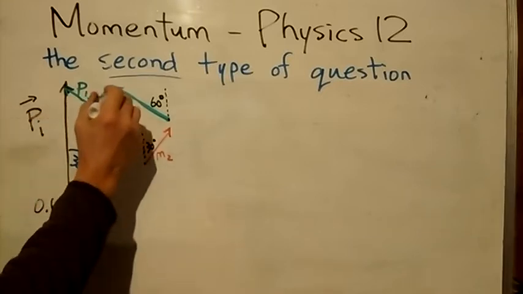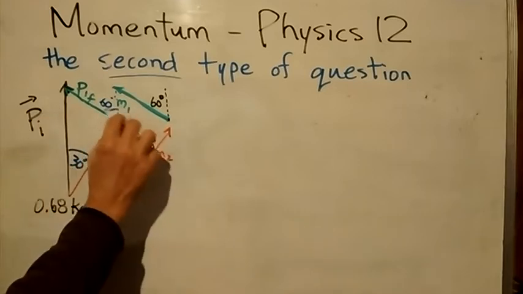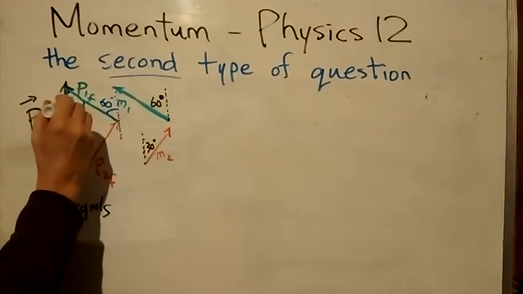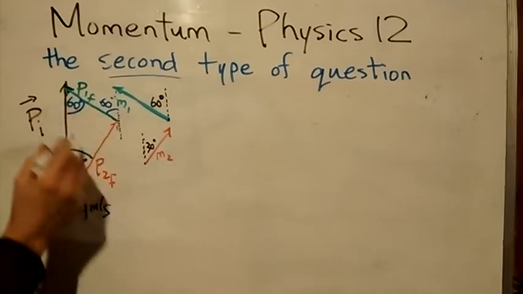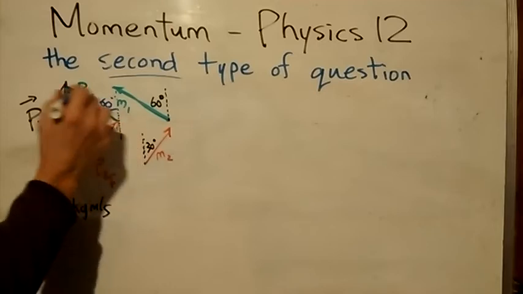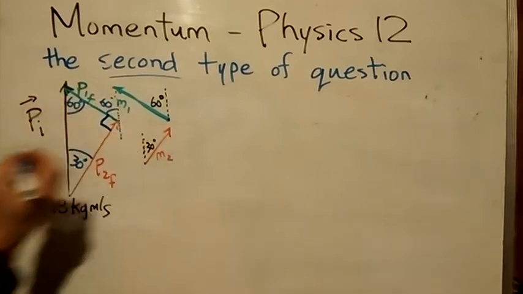And if that's north-south and that's north-south, that angle is 60. This is an alternate interior angle. That has to be 60 degrees as well. If that one's 60, that one's 30, and 180 makes what you have total in a triangle. This one has to be 90 degrees.